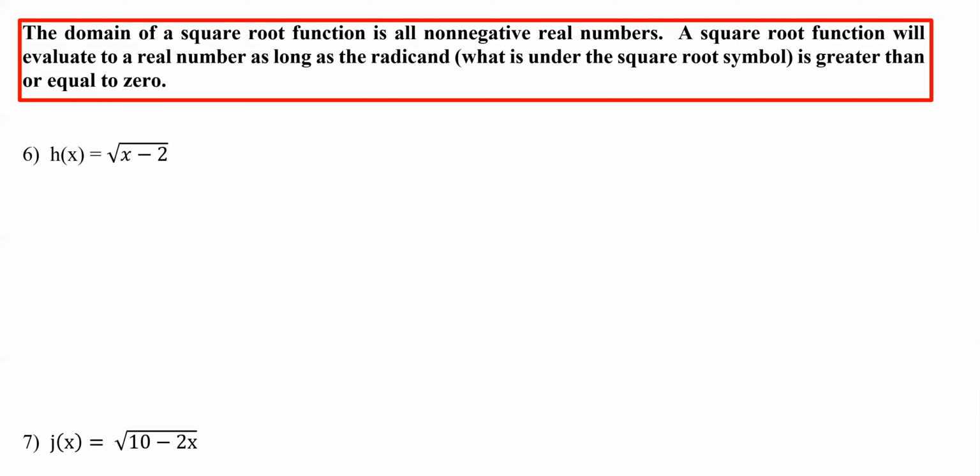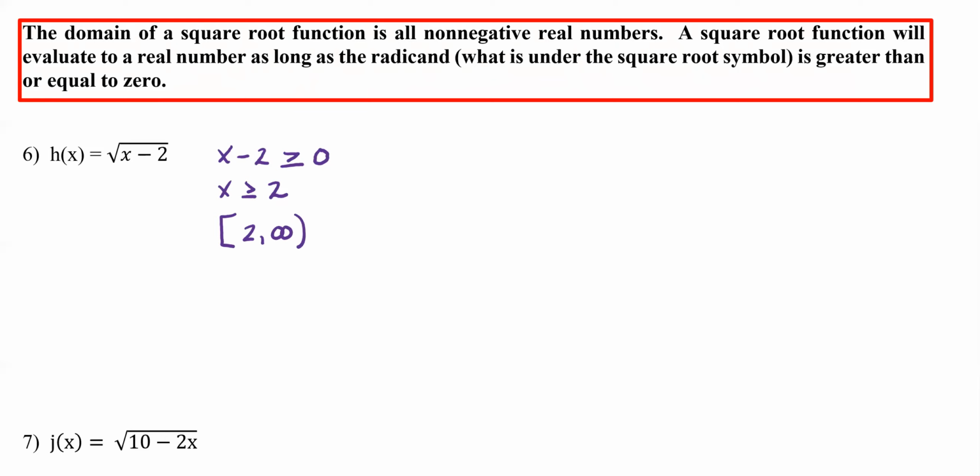So when we have to find the domain of a square root, we will always take the radicand and set it greater than or equal to 0. So x is greater than or equal to 2. And the directions state to state this in interval notation. So this would be 2 to infinity.